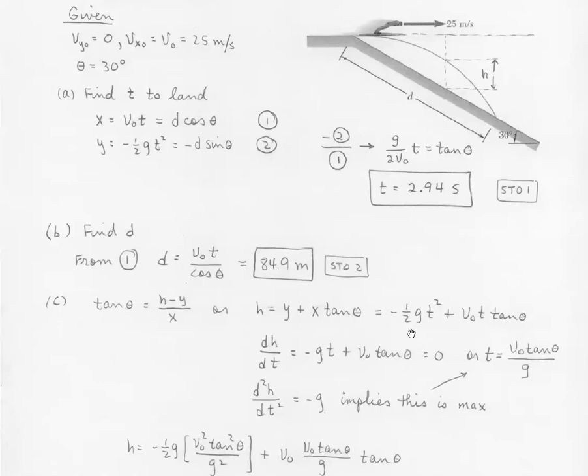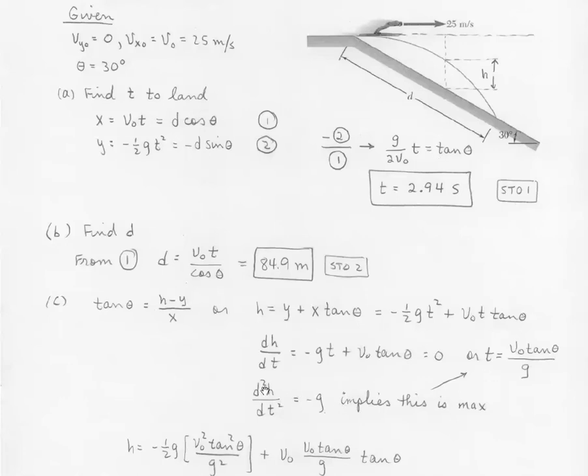So now we have h as a function of time. We can take the first derivative here, and when we do, we get minus g t plus v naught tangent theta. When we set that equal to 0 and solve for time, we get v naught tan theta divided by g, which, if you'll notice, is half of the time that you had right here.